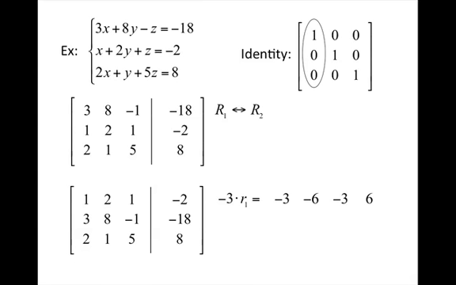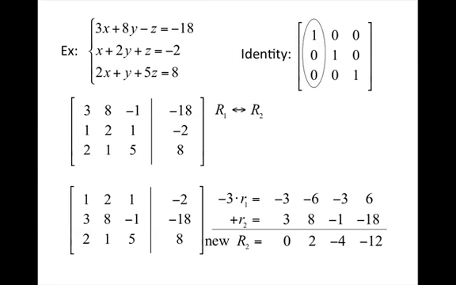Next, I'm going to add the row I want changed. I'm wanting to change row 2, so I'm adding row 2. Row 2 is 3, 8, negative 1, negative 18. This is going to give me my new row 2. Well, negative 3 plus 3 gives me the 0 that I wanted.